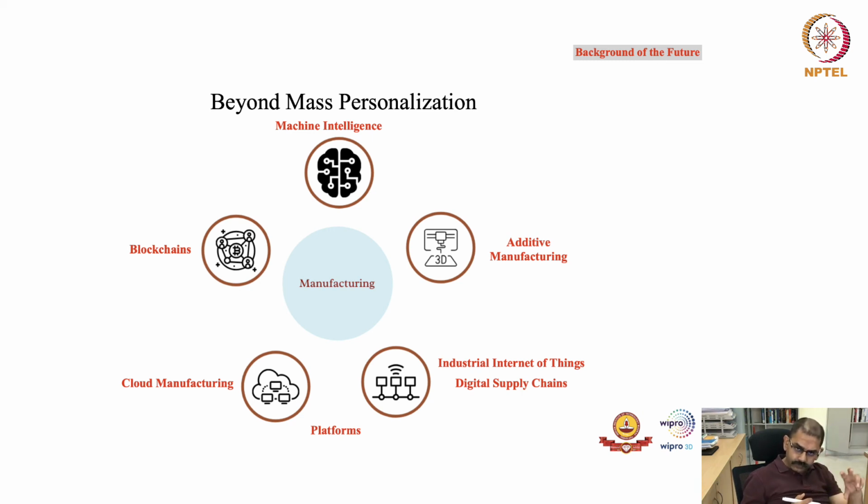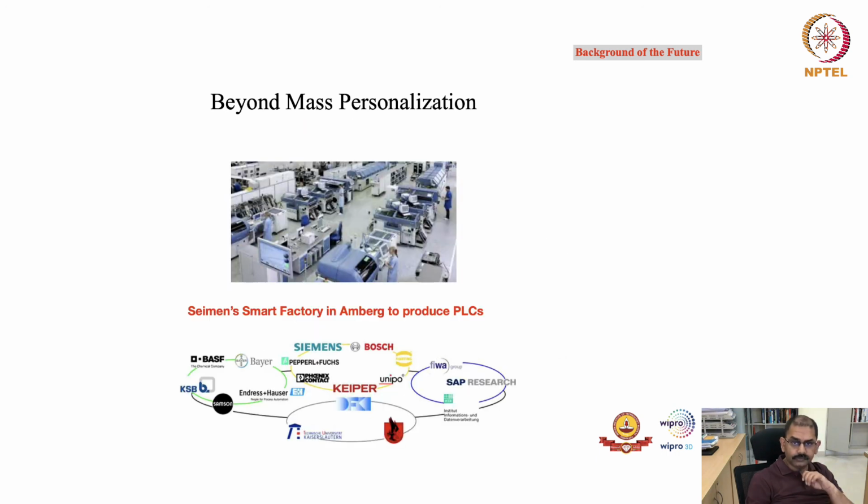We will have some discussion on IoT, digital supply chains, platforms, cloud manufacturing, right? So I think we'll just take small parts of all these technologies and try to explain how they are influencing manufacturing, right? So this may be the important part of this course.